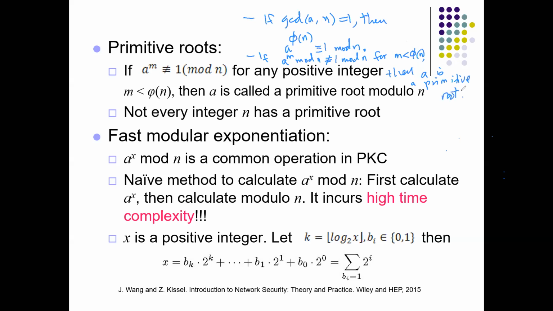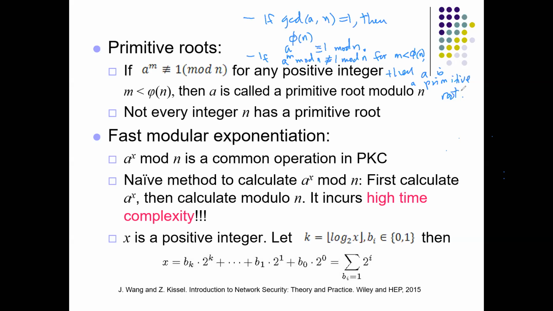So primitive roots exist for certain n, but not every integer n has a primitive root.